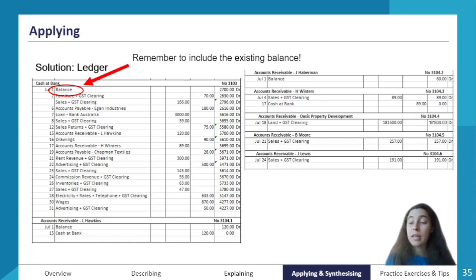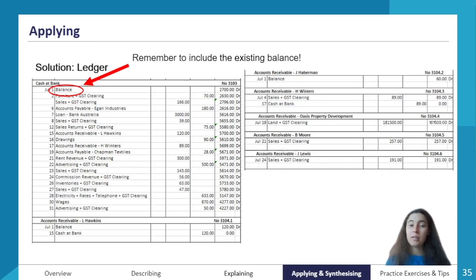Some accounts you can see don't have the nil, and that just is indicating that we haven't received the money for that yet. These are accounts receivable, so it's about receiving the money. We have for H. Winters and L. Hawkins, but we haven't for the others.